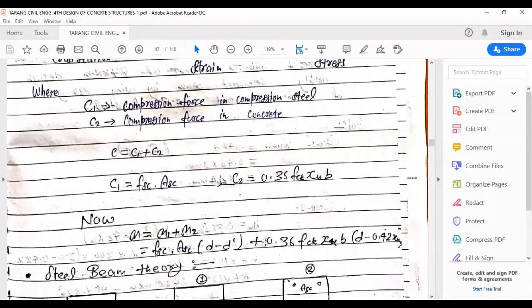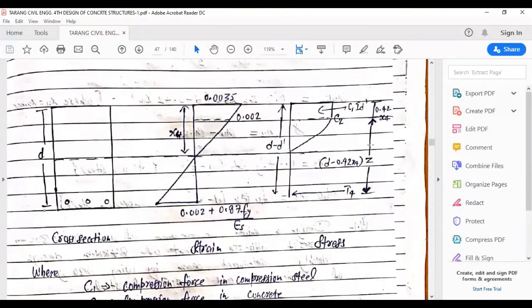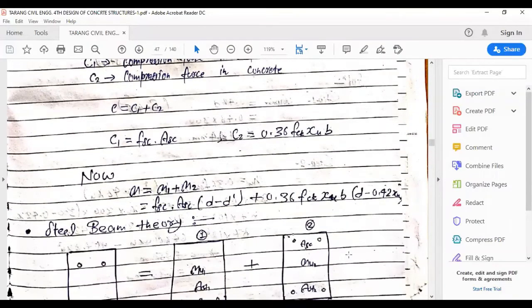For compression force in concrete, we'll write the expression as 0.36 FCK XU B multiplied by D minus 0.42 XU, as C2 acts at D minus 0.42 XU from the bottom. So this is how we find the value of total moment.